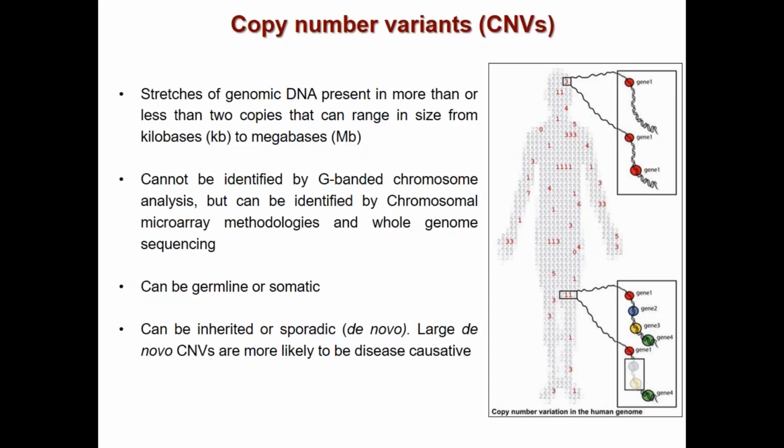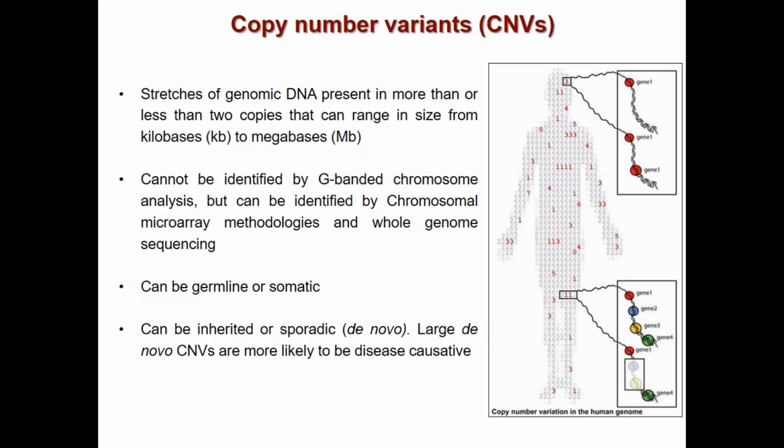So these are stretches of genomic DNA which are present in more than or less than 2 copies, and they usually range in size from kilobase to megabases. So they are pretty big chunks of DNA. Unlike the base pair changes, which can be 1, 2, or a few base pairs, these are big structural changes in the genome.